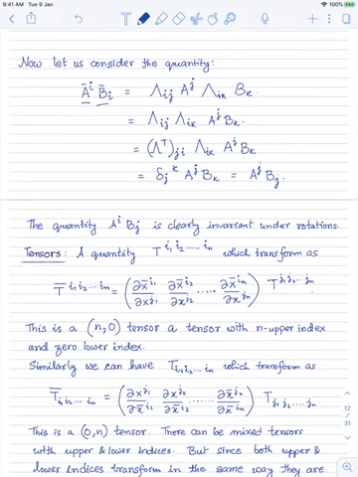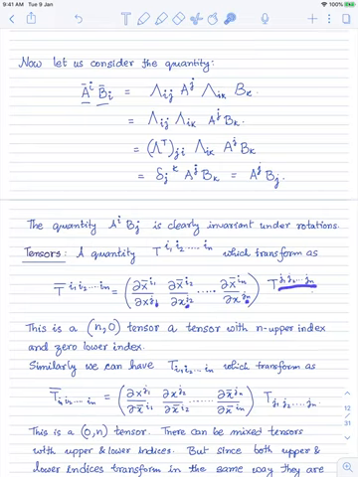A tensor is a quantity with, let's say, n indices, where n can be 1, 2, and so on. If n is 1, then I'm talking about a vector. If n is 2, then I'm talking about a 2-tensor, and so on. It can have n indices, and depending on how many indices on top it has, I have to multiply with that lambda matrix that many times, contracting with the right indices.